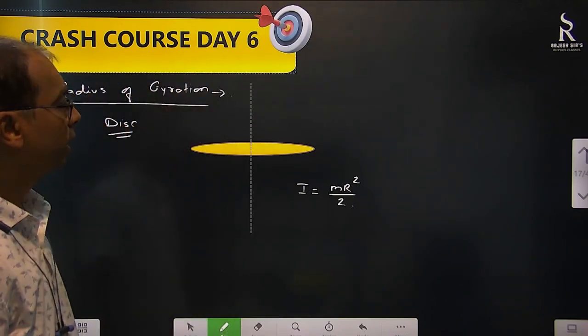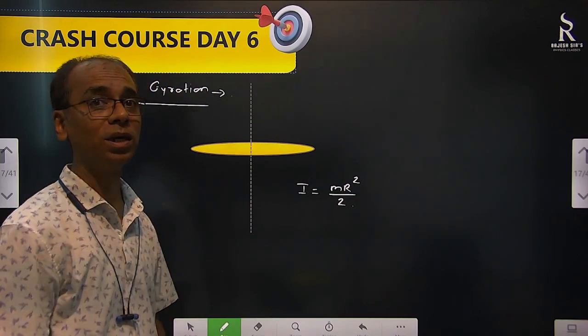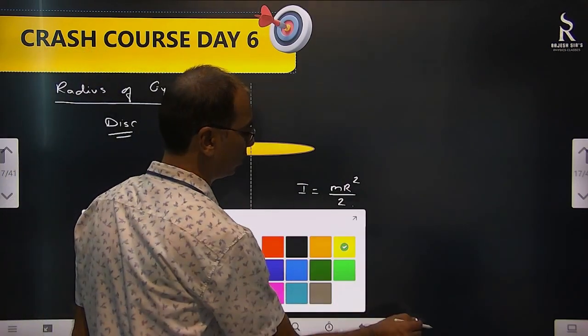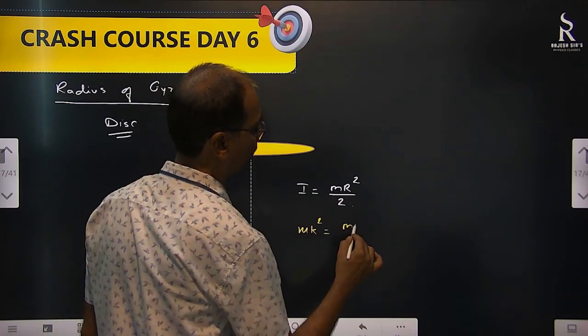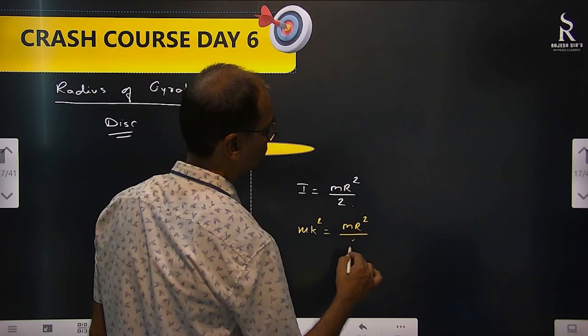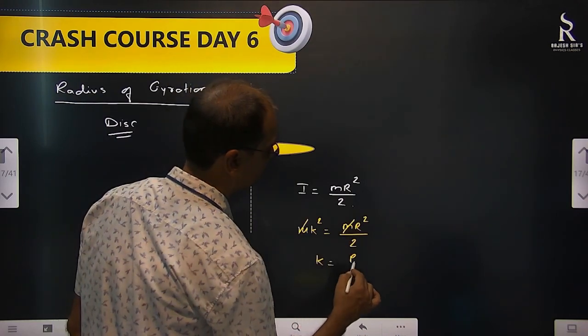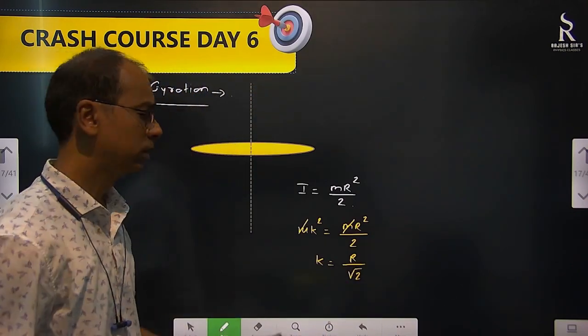Radius of gyration says if I write this moment of inertia as mk square and equate it with mr square by 2, m and m get cancelled. So k value is coming r by root 2. This we call radius of gyration.